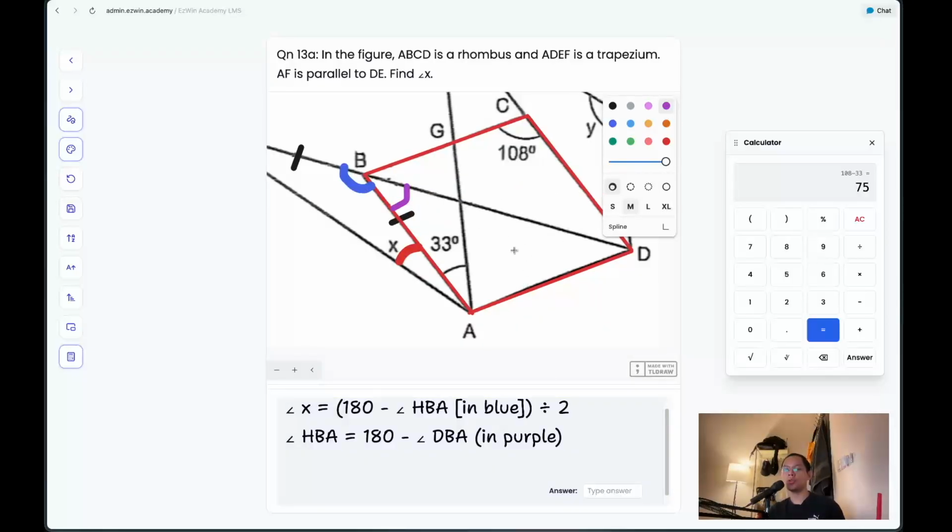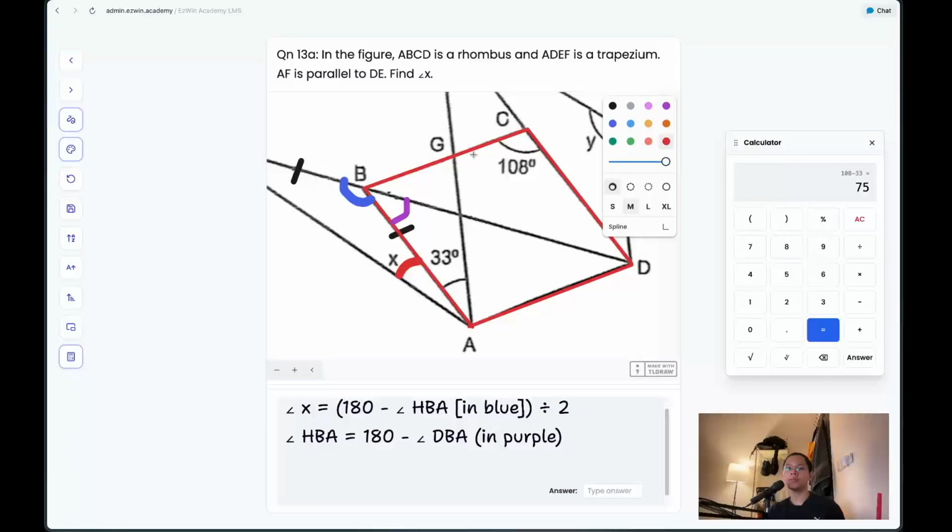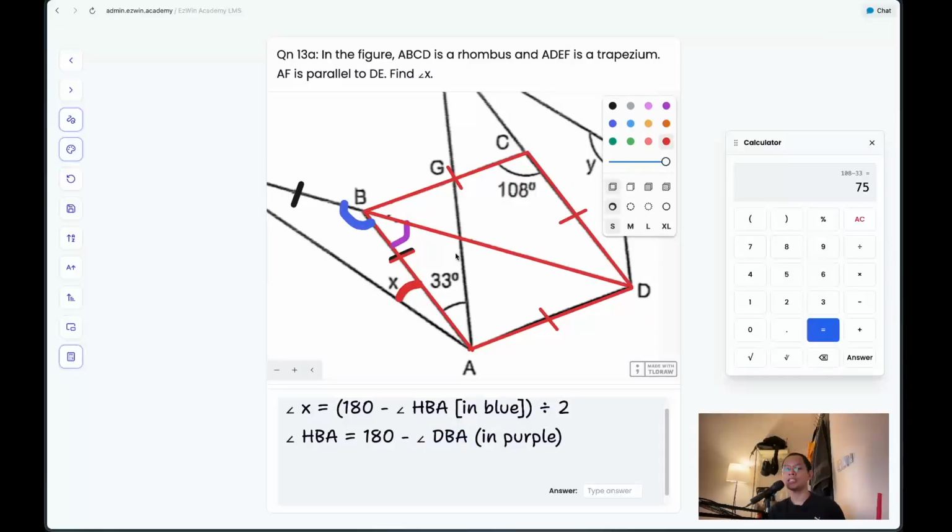If you know about rhombuses, a rhombus has equal sides as what you see over here. And angle DBA is part of this triangle. Half a rhombus is basically an isosceles triangle. So that means half of a rhombus is 2 isosceles triangles in this case.